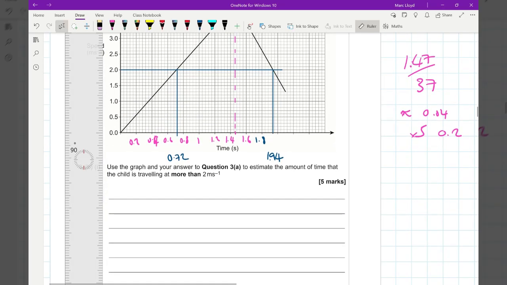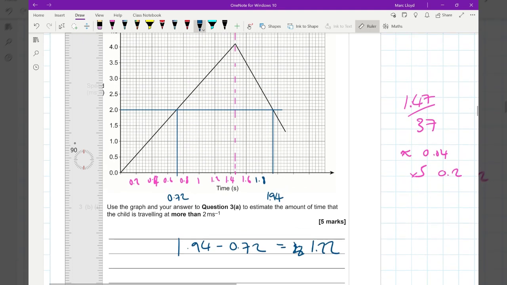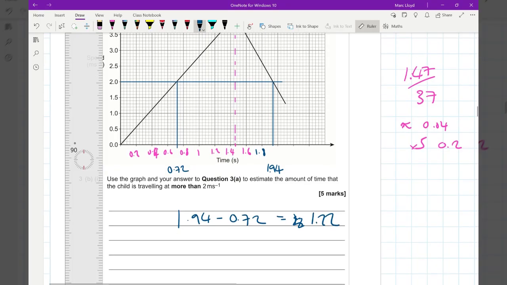And then finally, 1.94 subtract 0.72 gives me 1.22. And your mark scheme will have a range for you to land in, because each graph will be slightly different, mainly because when they print them, there might be some slight differences in the sizes. But yeah, there we go.